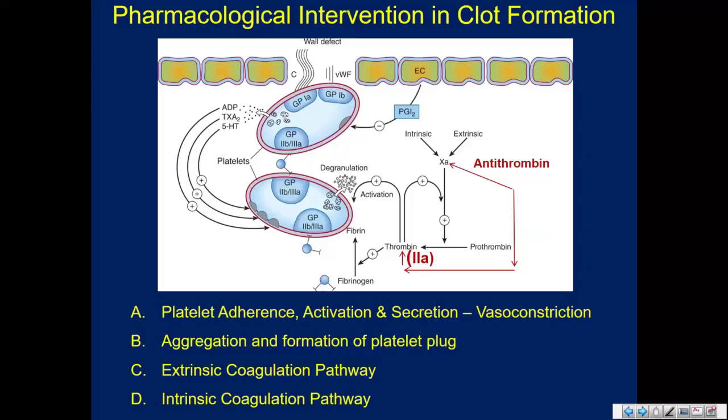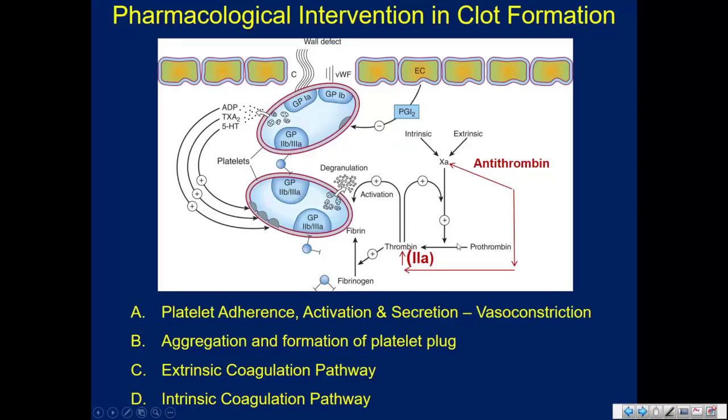Remember, these Roman numerals are just exciting names for serine proteases that are activated by the previous Roman numeral, which then cleaves something at the serine, activating it, and then the next one, and the next one, and the next one. That's all it is. Sequential serine protease proteolysis.